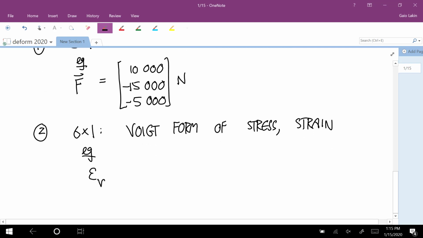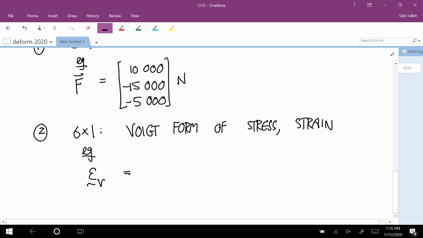I'll put a subscript V so you know it's a Voigt strain. And strain is a measure of deformation. We're talking about engineering materials, concrete, steel, that kind of stuff for the most part. It has to be very small deformations for the approaches we're going to use.